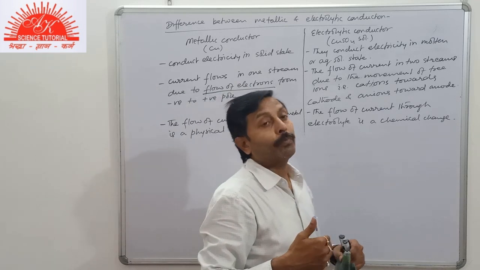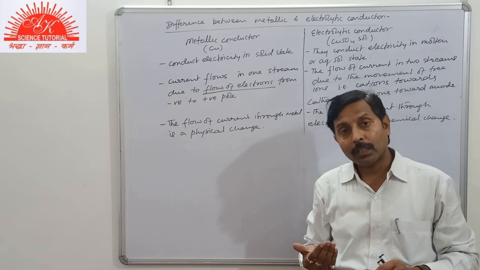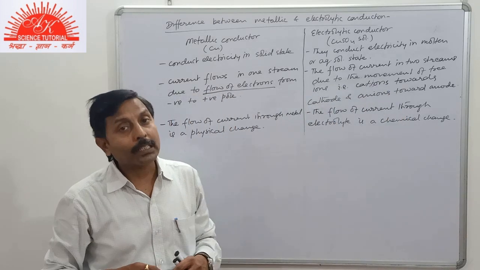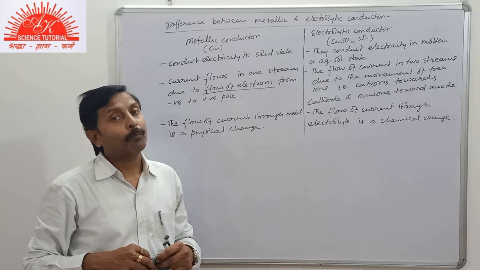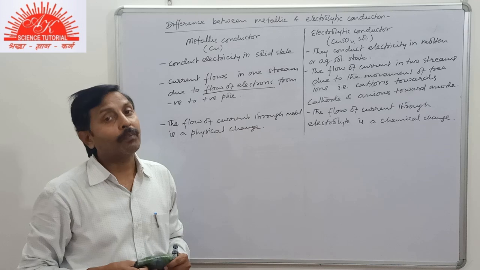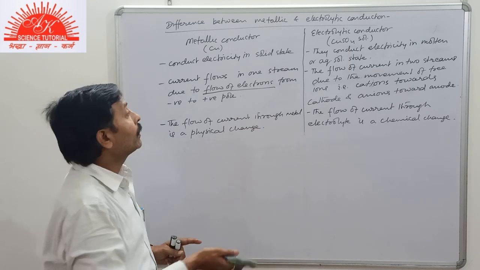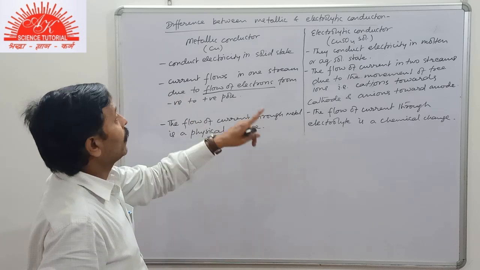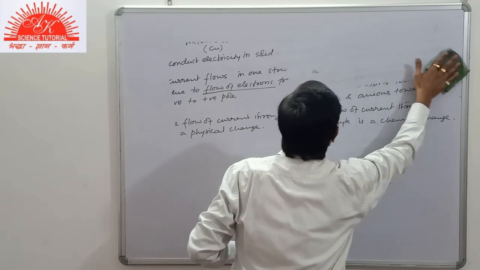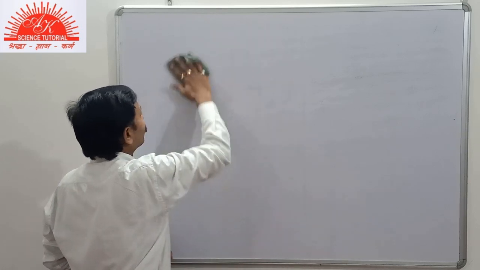Like in the example of electrolysis of molten sodium chloride, we have seen that at cathode sodium metal was discharged, and at anode chlorine was produced. We had taken sodium chloride, but the products were sodium and chlorine. New chemical substances are formed. So this was the chemical change. So this is the difference between metallic conductor and electrolytic conductor.